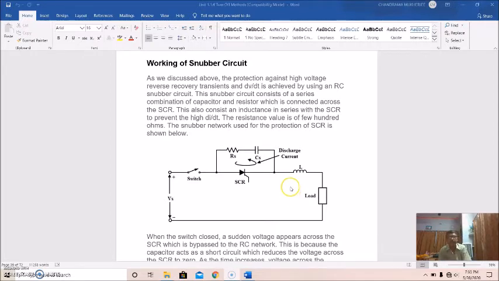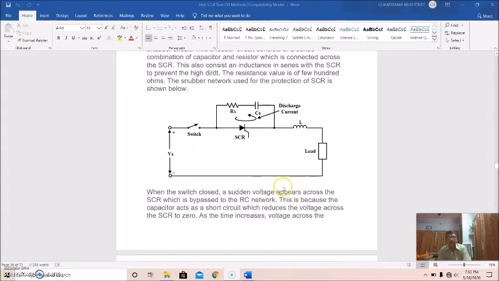The snubber circuit used for this protection is shown in this circuit. This is the snubber circuit, and this is the inductor for arresting DIDT. When the switch is closed, a sudden voltage appears across the SCR, which is bypassed to this RC network.